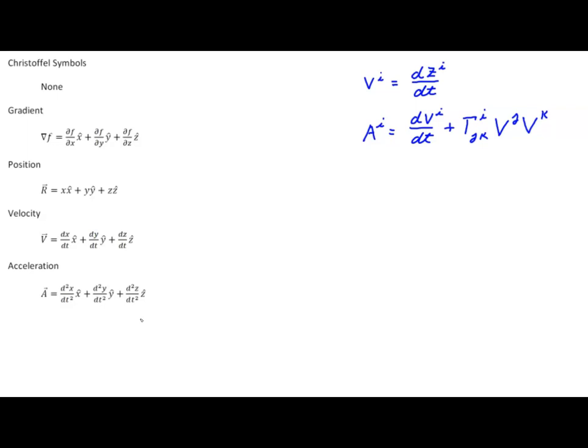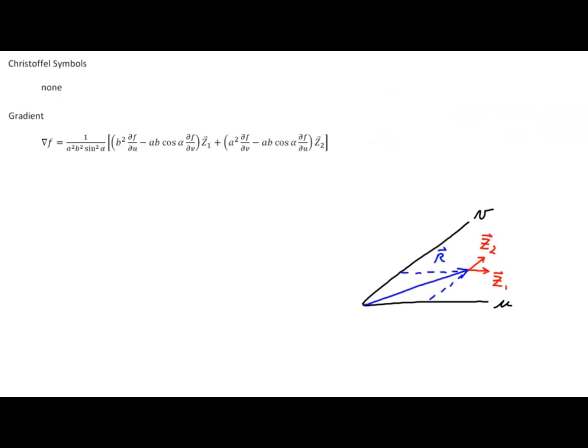Okay, let's move on and look at affine coordinates. Again, we'll start by deriving an expression for the position vector. And on our diagram, we've got the u-axis running horizontally and the v-axis running this way at a skew angle of alpha. And I've also written down the basis vectors z1 and z2.